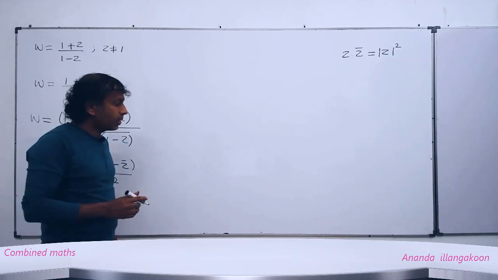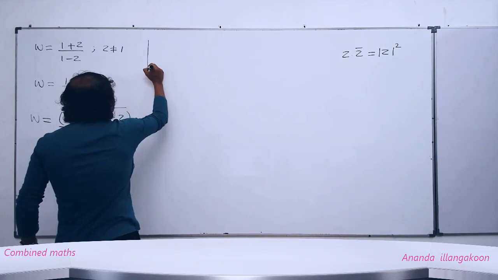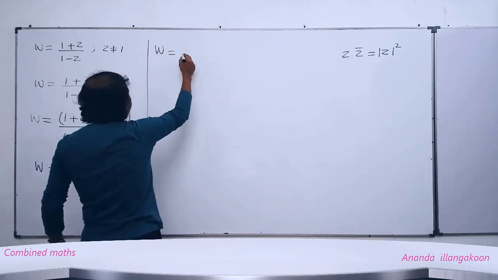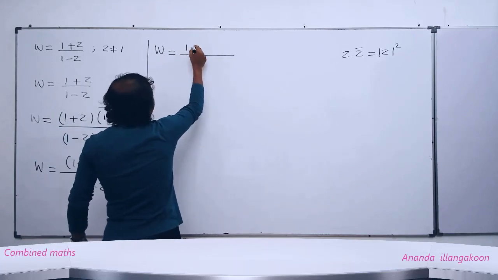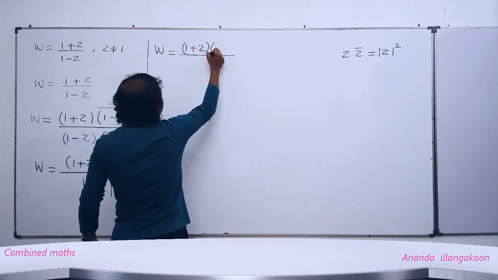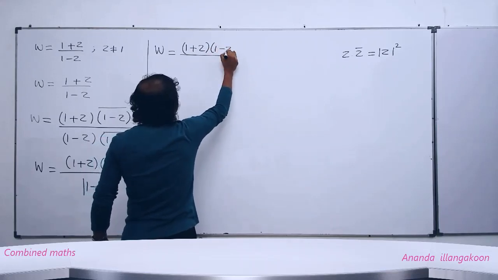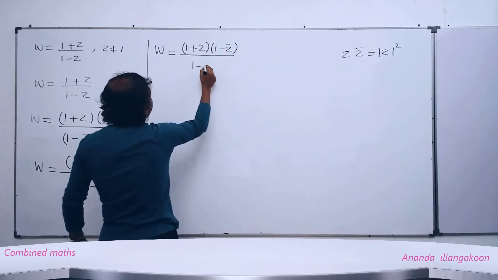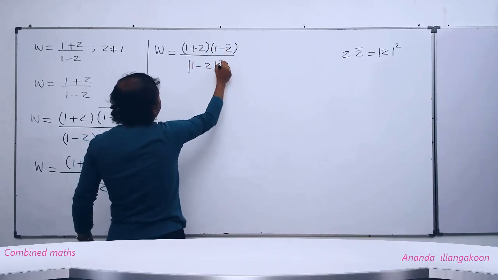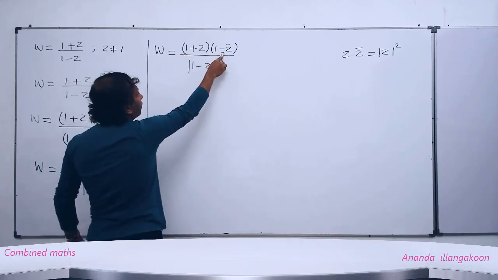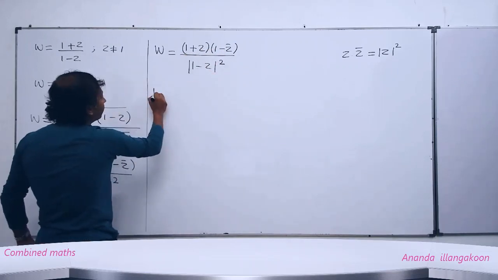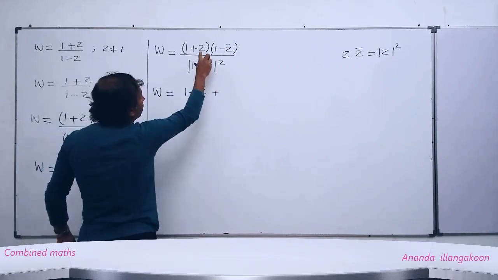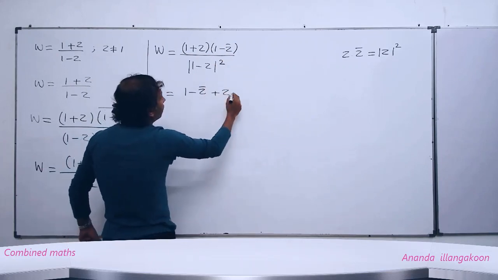So then I can write W is equal to (1 plus z), 1 bar is 1, minus z bar, divided by mod of 1 minus z, perfect square. Now we multiply: 1 minus z bar, z minus z bar.